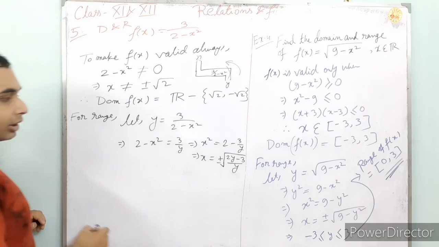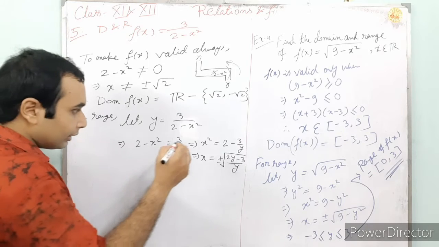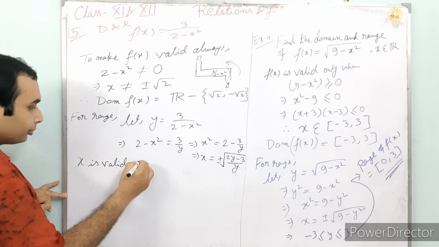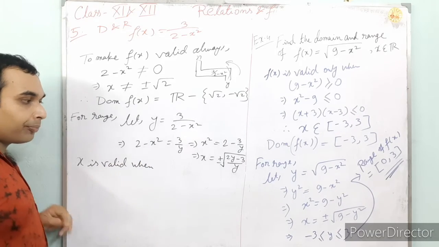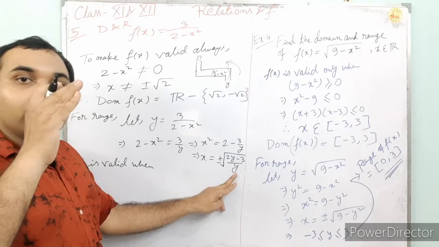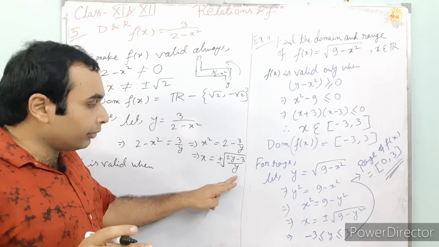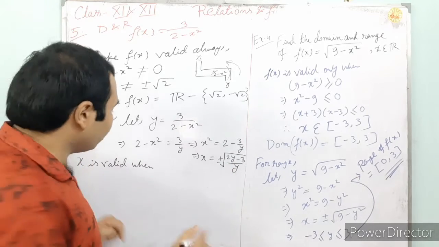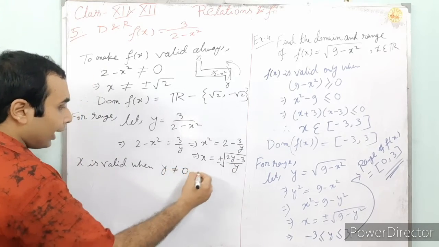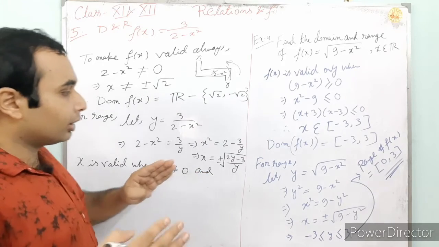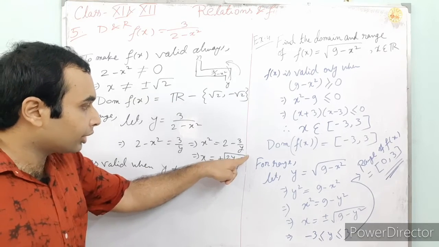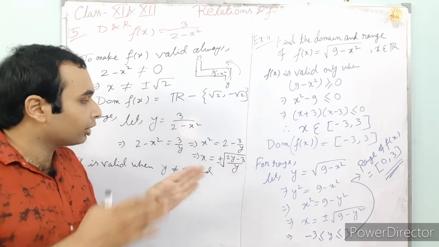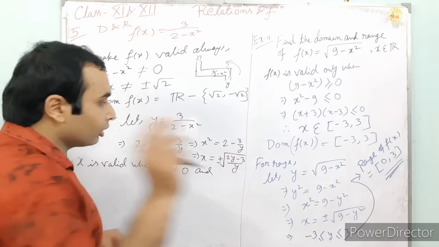Now plus minus root of (2y minus 3) by y. This is valid, x is valid when 2 conditions will be there. One is y must be not equal to 0. If it is equal to 0, then it will be undefined. So y is not equal to 0. And another condition, that is we cannot take this total part as negative, because we are talking about the real functions.